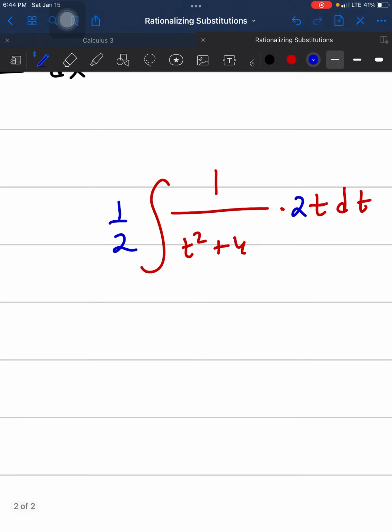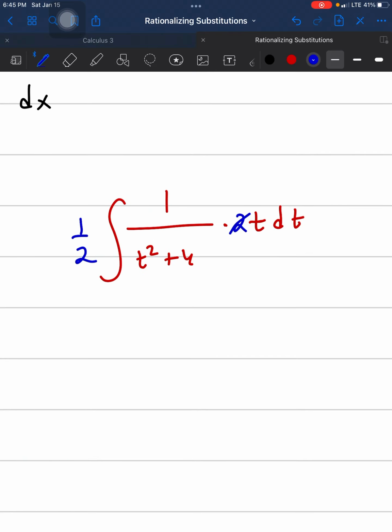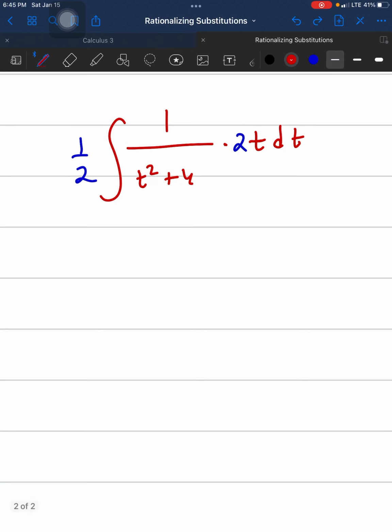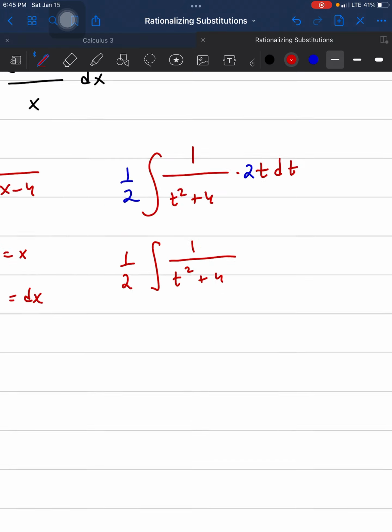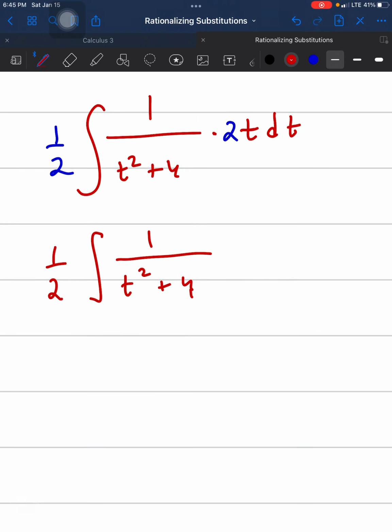And since we added a 2, you have to put a 1/2 on the outside. In the final solution, the 1/2 will cancel that 2. So we can continue with the expression now. It's 1/2, 1 over t squared plus 4, 2t dt.